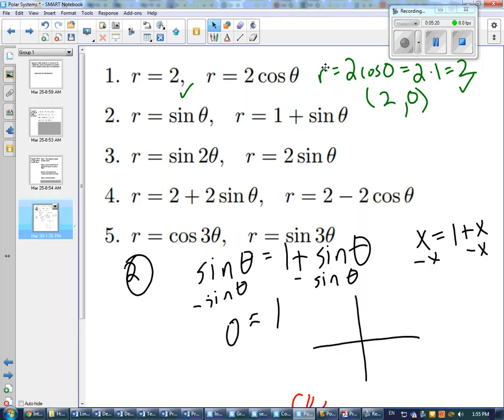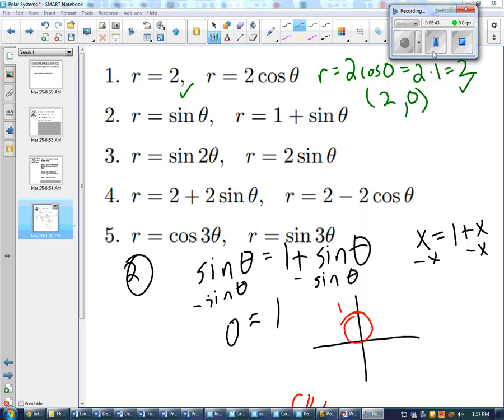Sine theta is a vertical circle that goes out to 1. 1 plus sine theta, we haven't looked at these. These are a limacon. But if you sketch it, that ends up being a vertical cardioid.